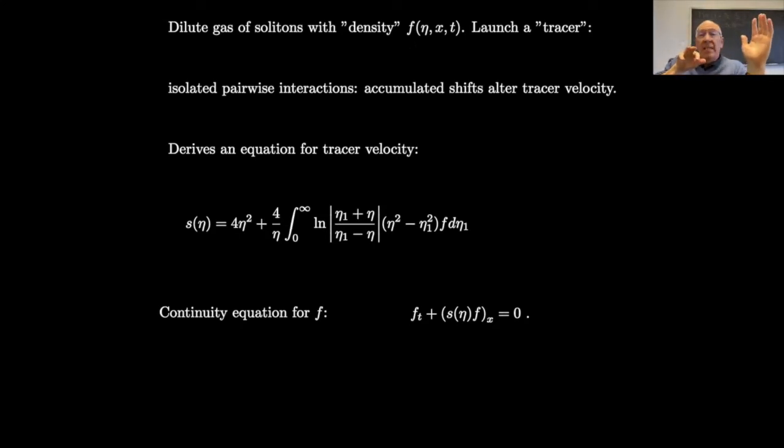Now, because it's interacting with many solitons, as it passes through this gas, it absorbs shifts in the soliton velocity. Okay, and then one of the contributions of his paper is this equation for the velocity of the tracer soliton. It's no longer constant, but there's a formula for it which is written on the screen there. Okay, and the density F evolves and solves this kind of continuity equation for the density.